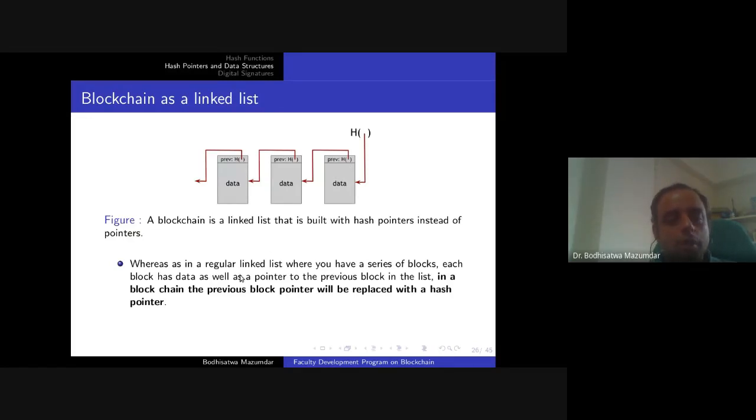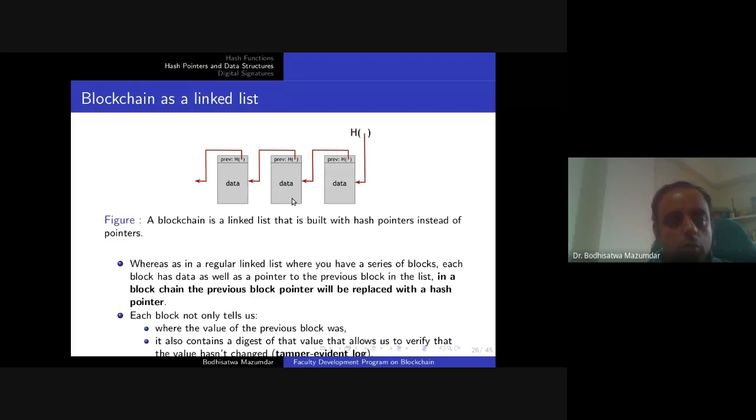In a regular linked list, you have a series of blocks. Each block has data as well as a pointer to the previous block in the list. In a blockchain, the previous block pointer is replaced with a hash pointer. So instead of a pointer, you now have a hash pointer, because that pointer is pointing both to the data as well as its hash, and they are kept at the same location.